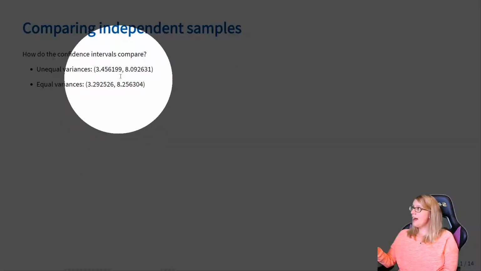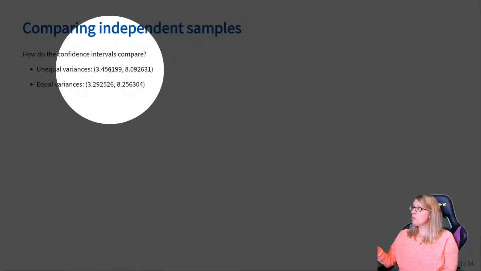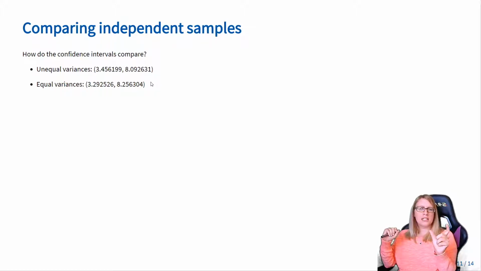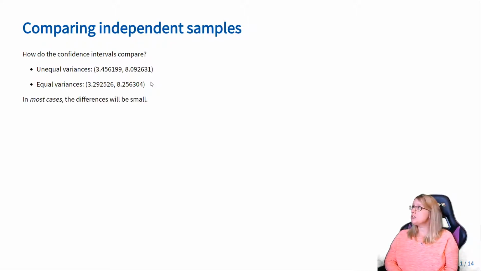If we look at unequal variances, 3.45 to 8.09, that interval is slightly smaller than the confidence interval assuming that the variances are equal. So in most situations, it really won't make much difference which assumption we choose. There will be differences in the answers, but rarely will those differences be the kind that change our conclusion.